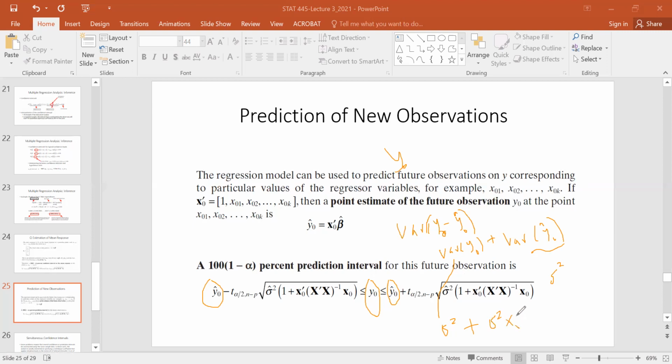That will have x0 transpose (X transpose X) inverse x0. Then, as you can see, you factorize sigma squared out, you get 1 plus x0 transpose (X transpose X) inverse x0, as is shown under the root.